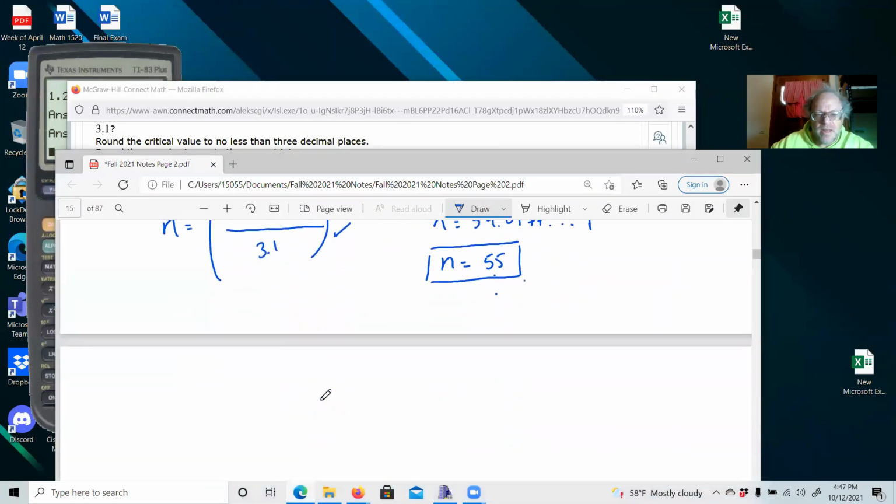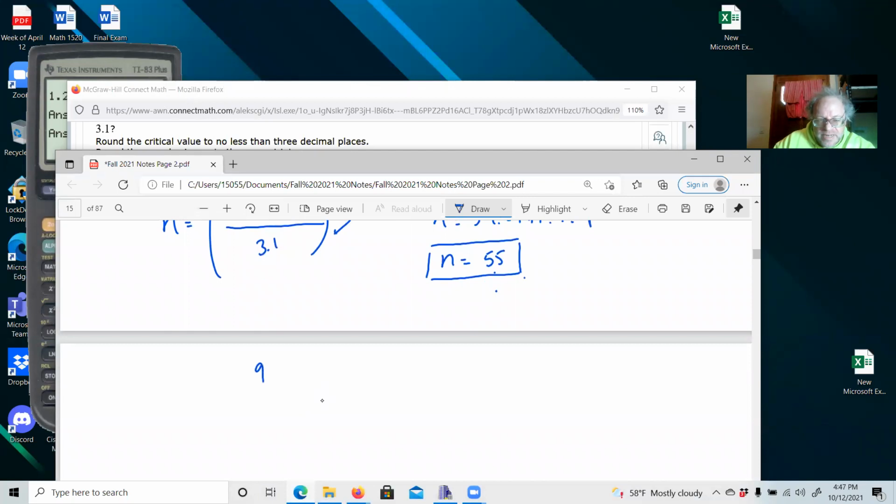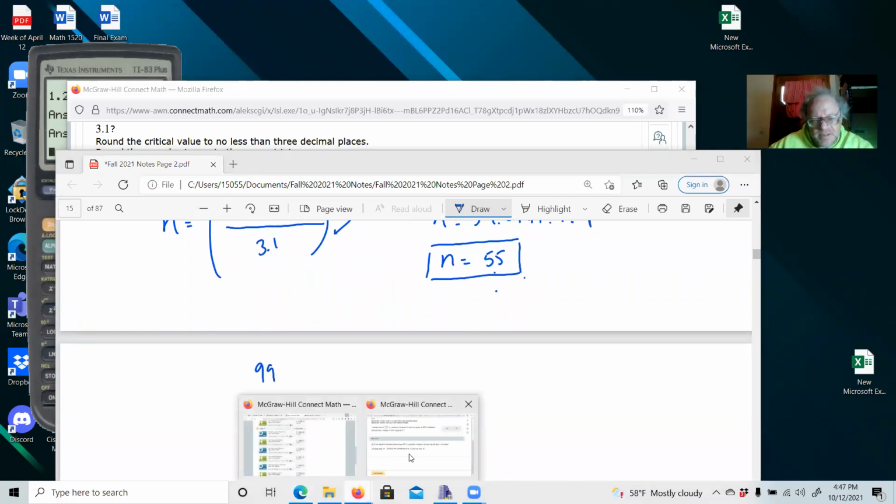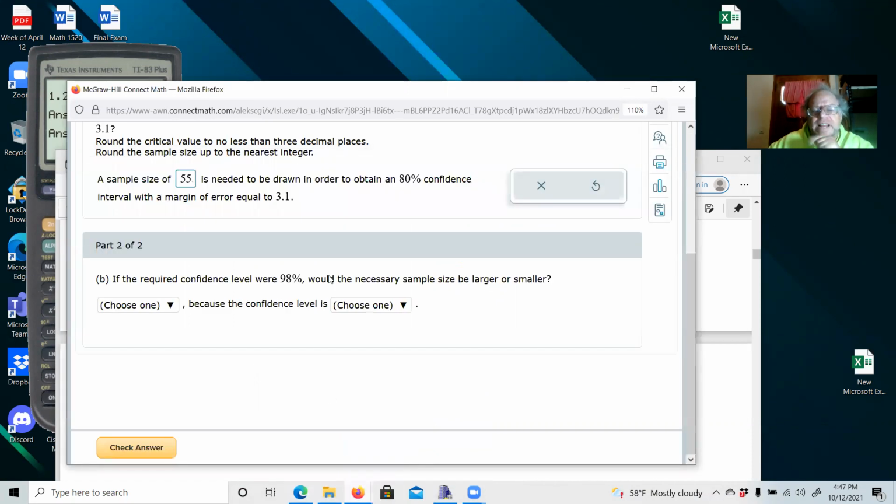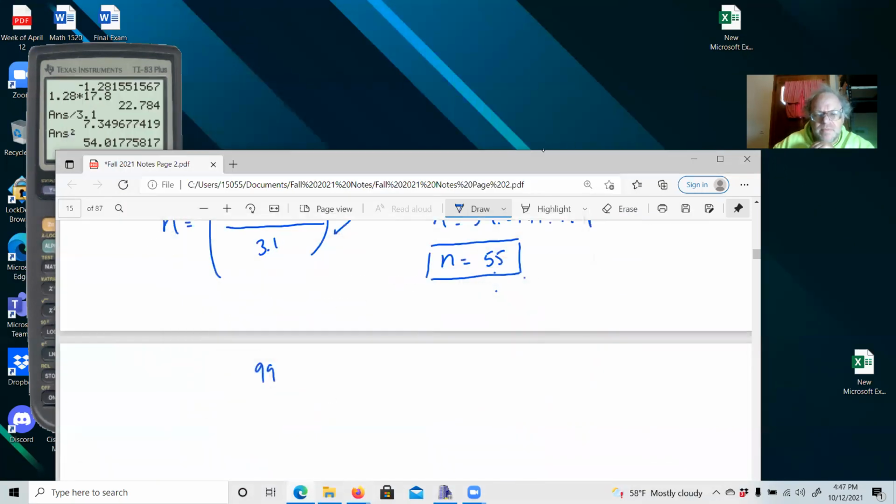If we wanted to use 98%, would the sample size be larger or smaller?